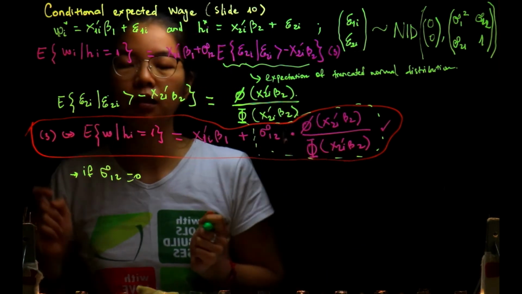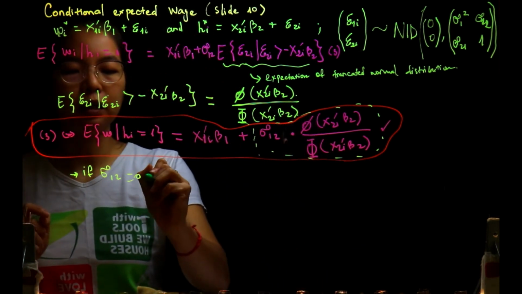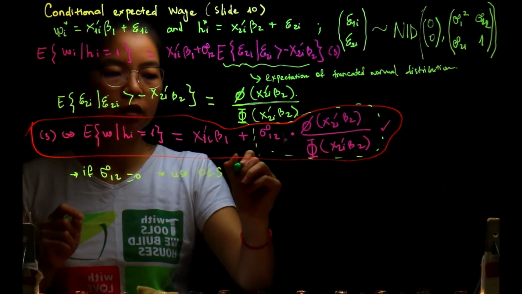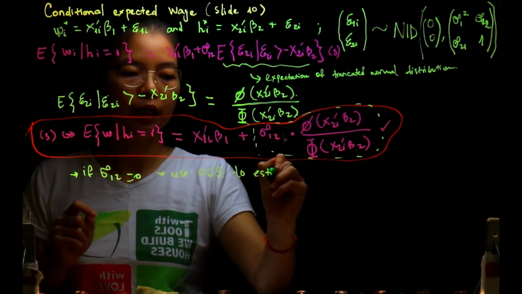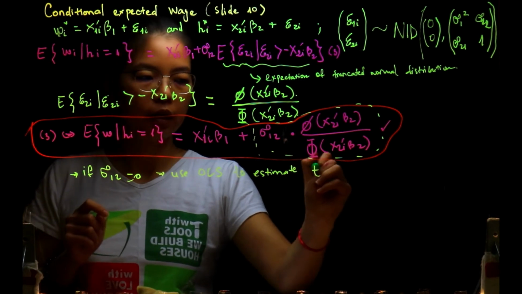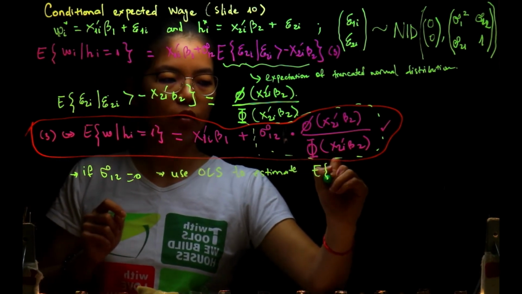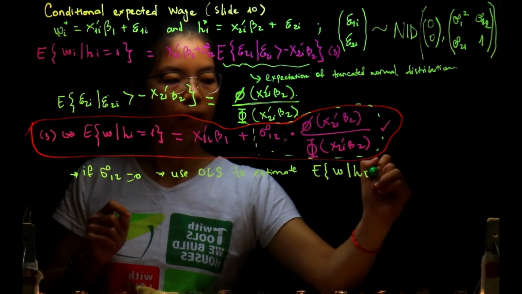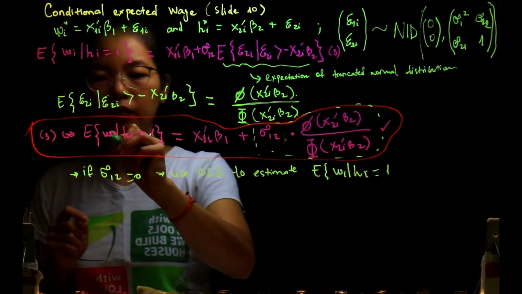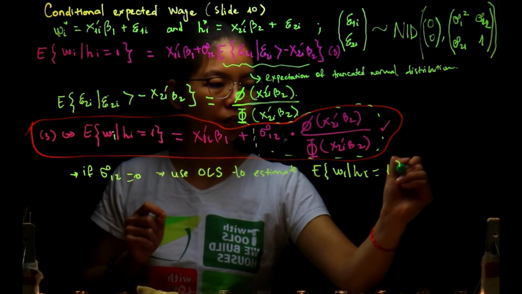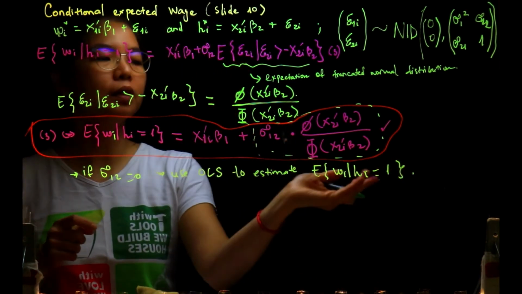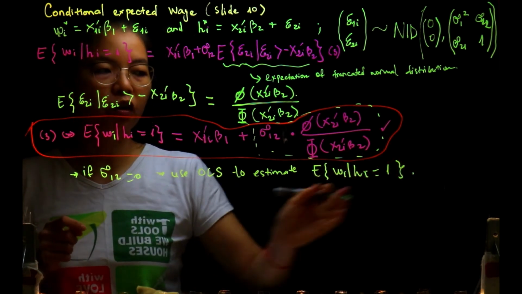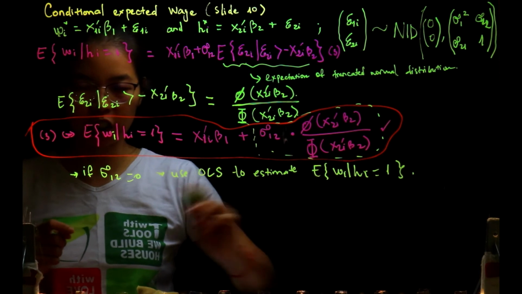Okay, that is, use OLS to estimate the expectation of wage conditional on hi equal 1, and this part, okay? But remember, you only estimate the expected value of wage for a subsample, a subpopulation, okay?